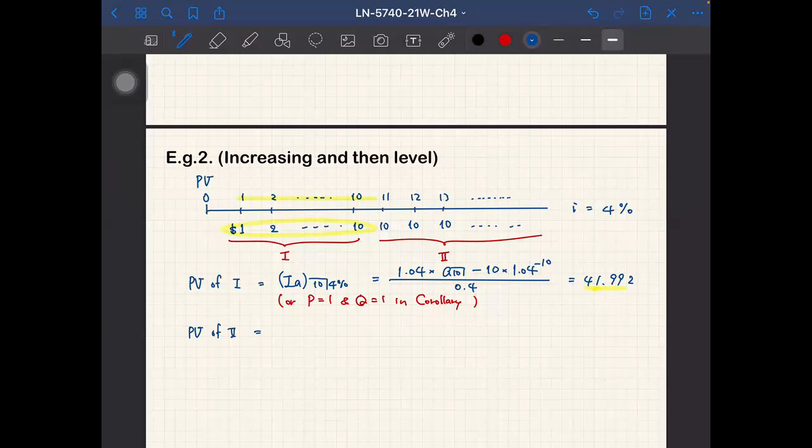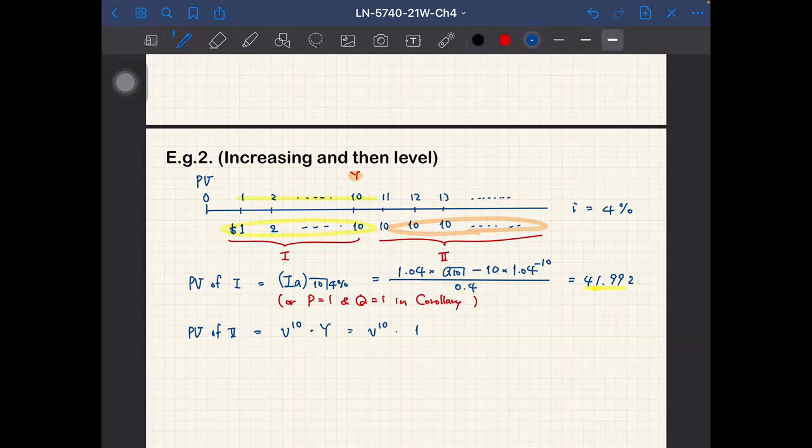So this is v to the power 10, since we evaluate the cash flow Y at time 10. Then this is the perpetuity immediate. So this is v to the power 10 times Y.